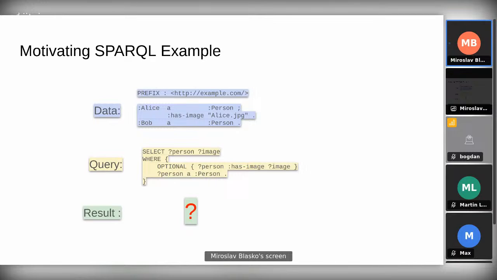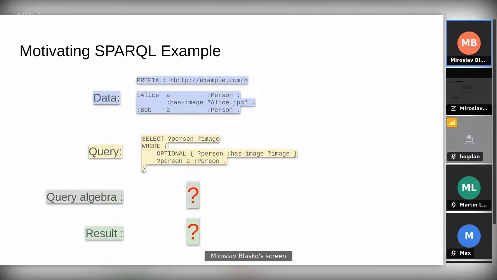We want to retrieve every person and their image somehow. So maybe I would like to ask you what this query returns, if you could think of it, and we will get to it later. And how are we going to process or evaluate this query?